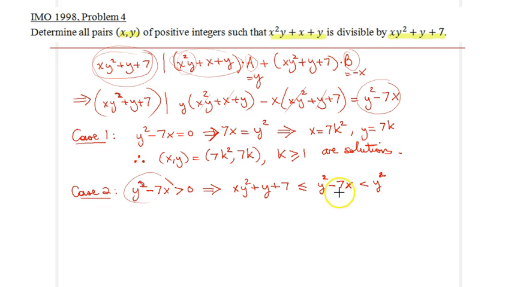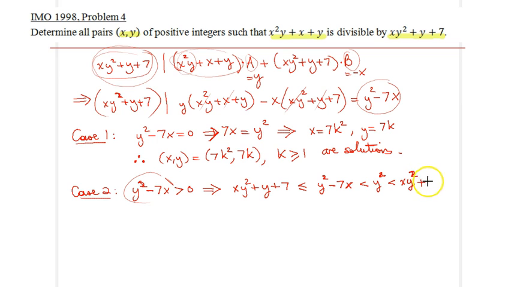That's obvious because x is a positive integer, but then y squared itself in its turn is strictly less than x times y squared. Why? Because x is 1 or more, but then we have also some extra.